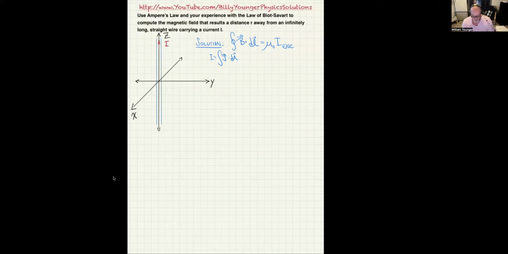And this is often the case, but usually we don't have to use the I equals the integral of J dot dA to compute I. It's normally just a simple calculation of what I is, or in some cases just looking at the diagram.